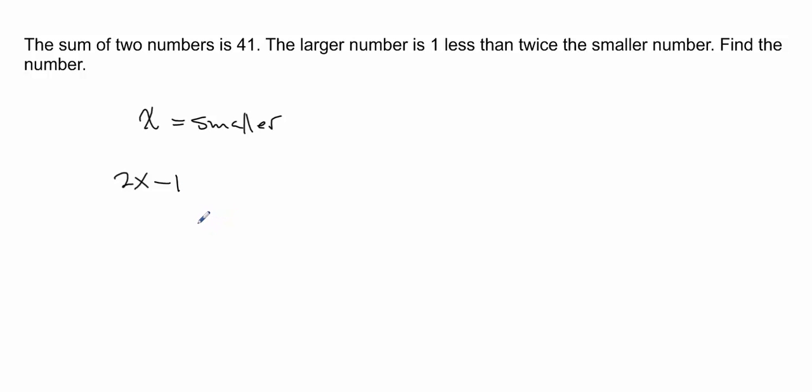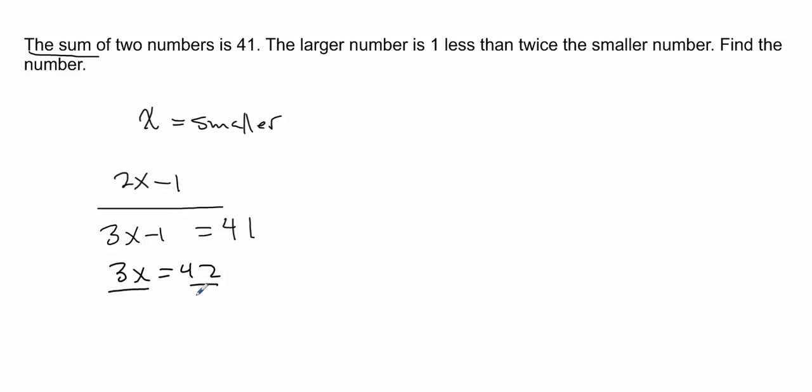If I combine these two, I get 3x. And then the sum of the 2 numbers is 41. So if I solve, 3x equals 42, divide by 3, then x just becomes 14. And always check your numbers, right? When you plug it back in, you've got to make sure that this thing makes sense.